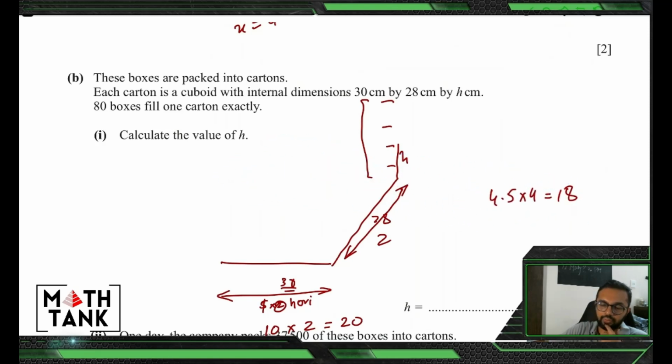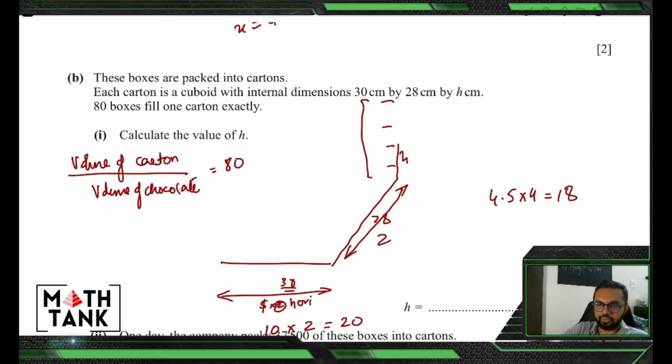Okay, the other way of doing that would be to have the volume of carton divided by the volume of chocolate, and I think that should also give you equals to 80. So you would have h as the unknown for the carton, all the other lengths should be there, and you should be able to get an answer out of this. Let's quickly think about this.